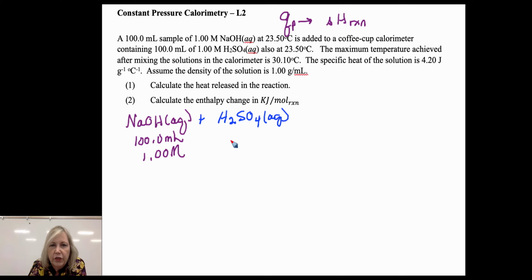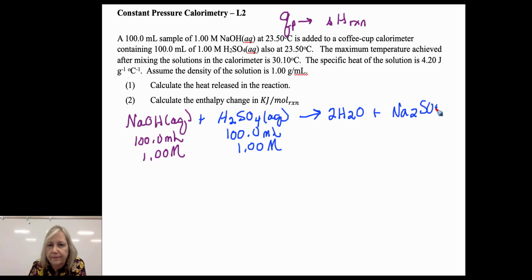So this is going to be a neutralization reaction. Again, I have 100 milliliters of a 1.00 molar solution. Now that's going to yield 2 waters. So neutralizations always give you a salt plus water. All right, so that's the heart of this.